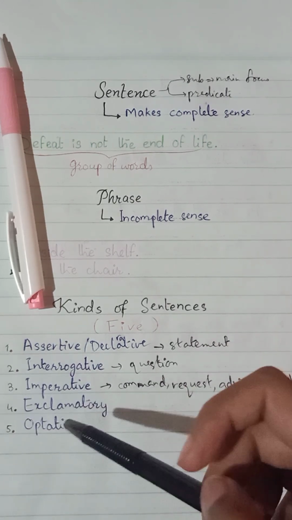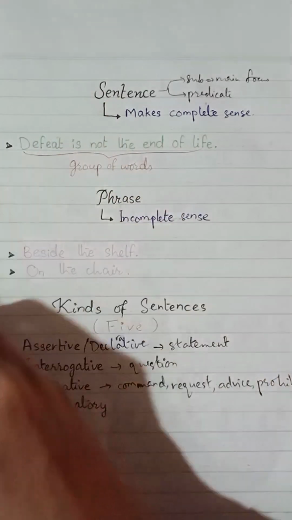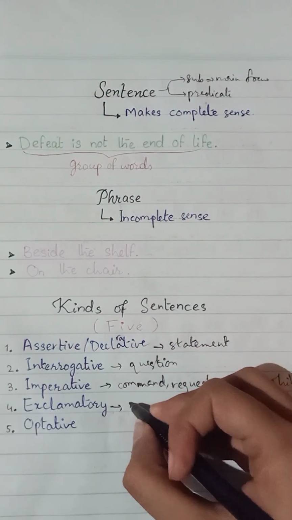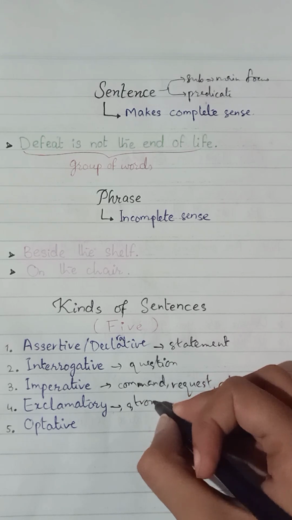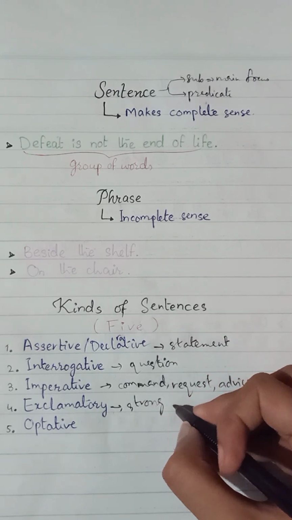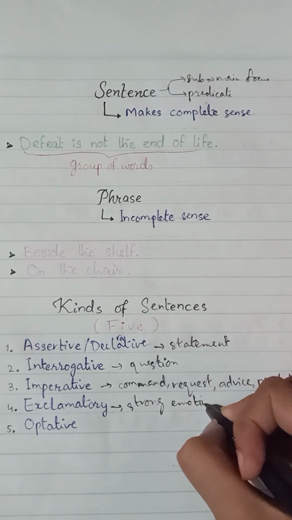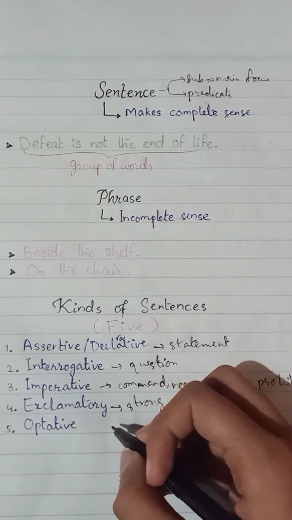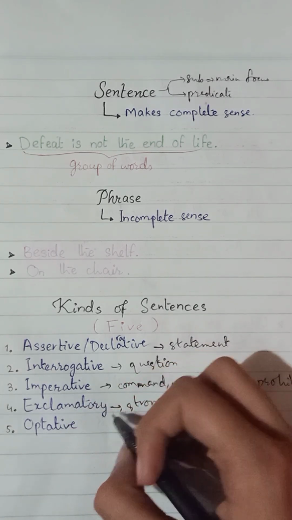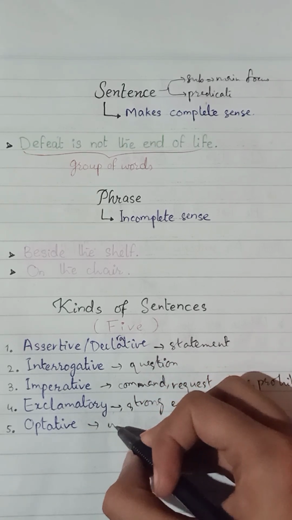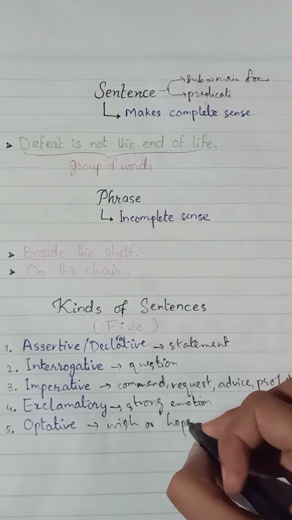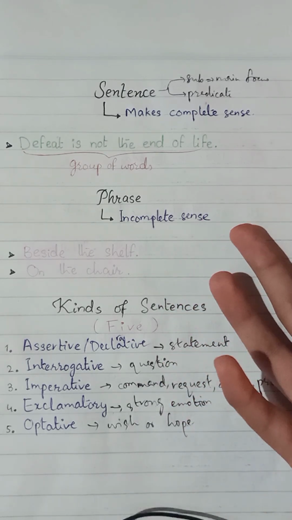And the fourth type of sentence is exclamatory sentence, in which a strong feeling or emotion is expressed. And the last type of sentence is optative sentence, where you express a wish, desire, or some hope, right?